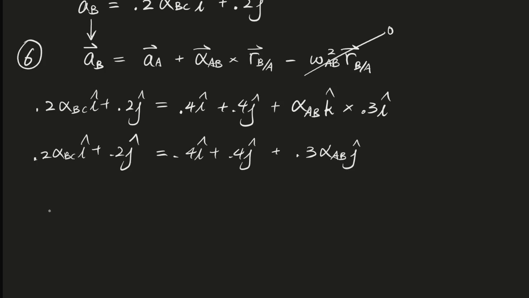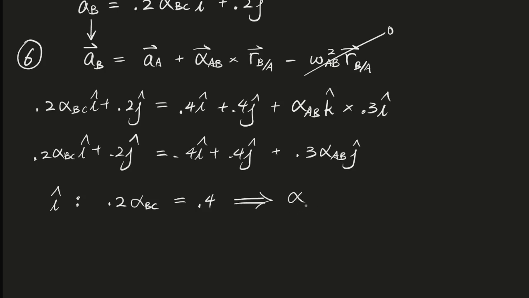Now we'll split the i and j directions, so we have two equations and two unknowns. So the I direction will give me essentially 0.2 alpha BC. I don't need to write I anymore. Give me 0.4. And this is one equation, one unknown.